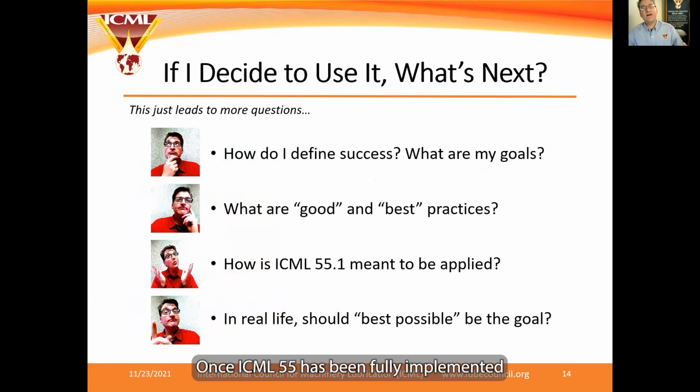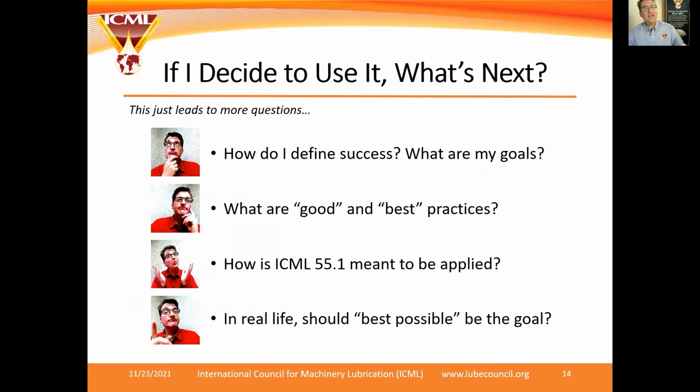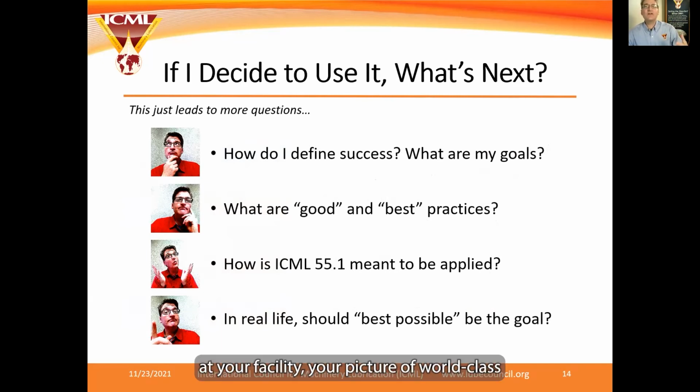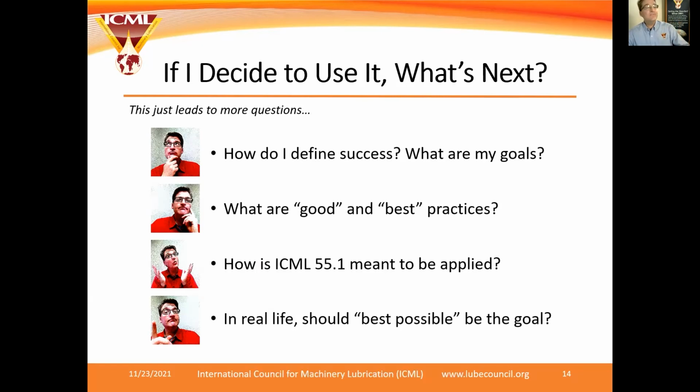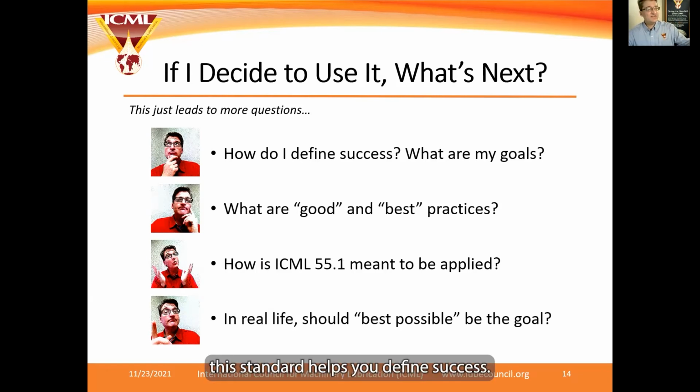Once ICML 55 has been fully implemented at your facility, your picture of world-class success is most likely going to be different from every other plant's picture of success, because every plant is unique. So this standard helps you define success.